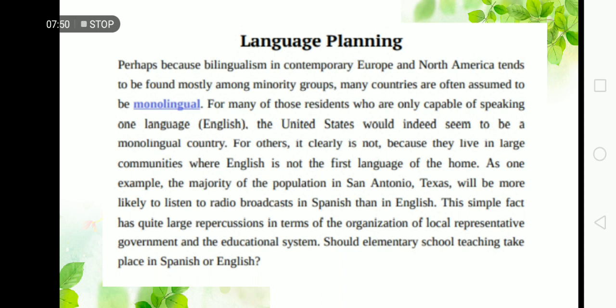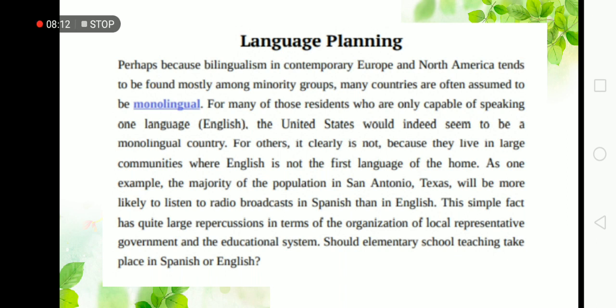This simple fact has quite large repercussions in terms of organization of local representative government and the educational system. Should elementary school teaching take place in Spanish or English?